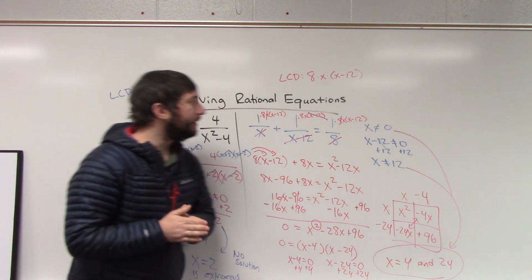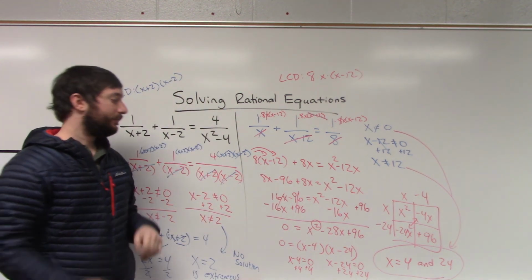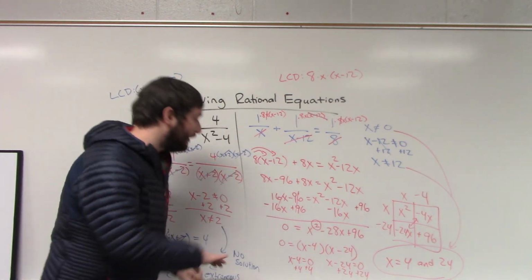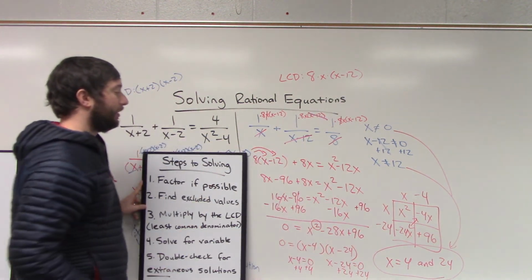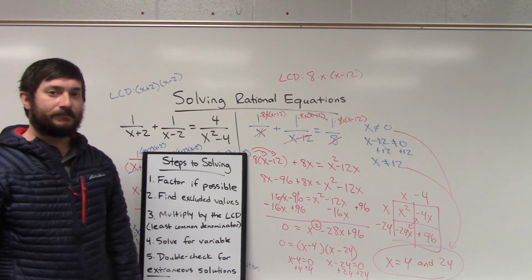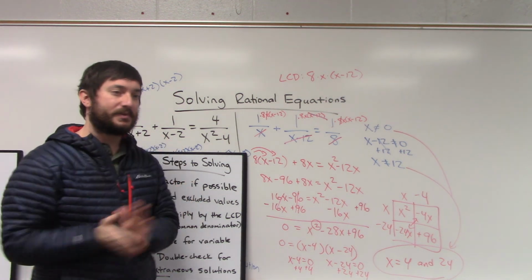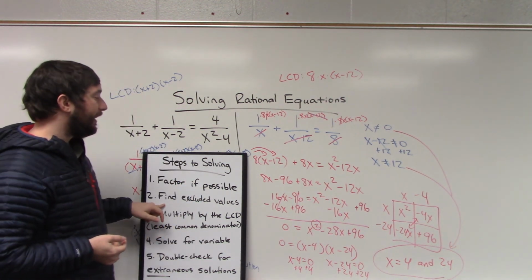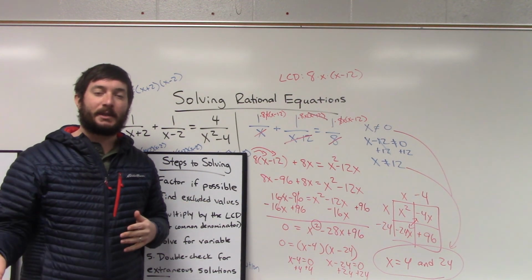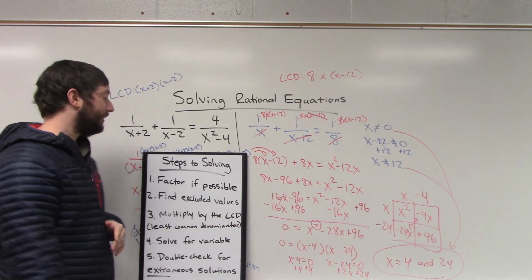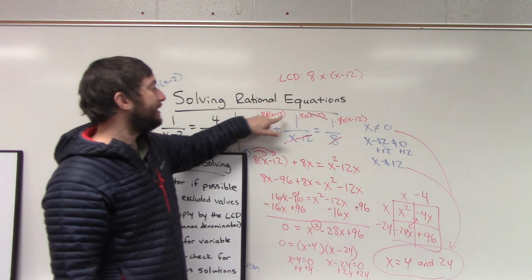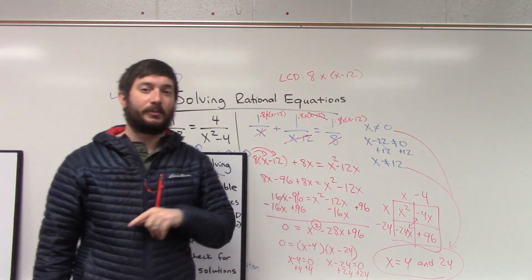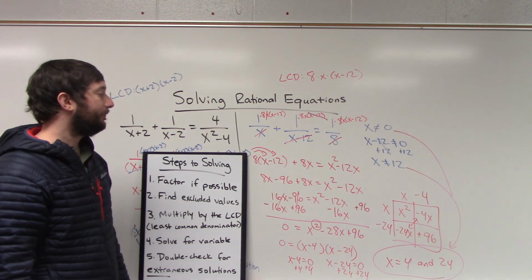So that is how you would solve rational equations. Again, always follow these steps as you're trying to do that. So factor if you can, sometimes you can't, that's okay, skip that step. Find excluded values by looking at the variables in your denominator, seeing what they are not allowed to equal. Step 3, multiply by the least common denominator to all of your numerators in order to cancel some things out.